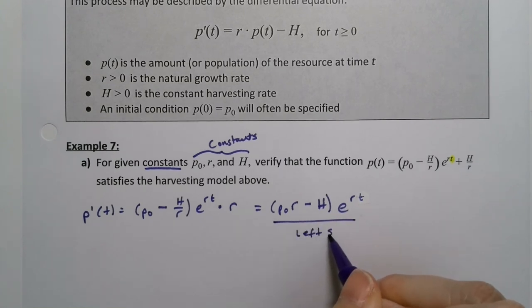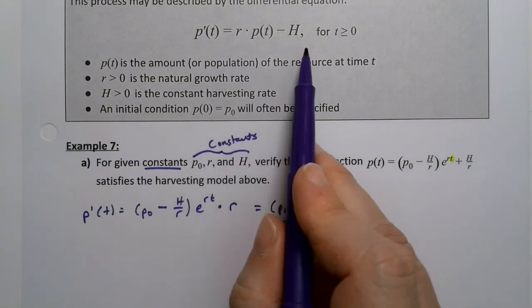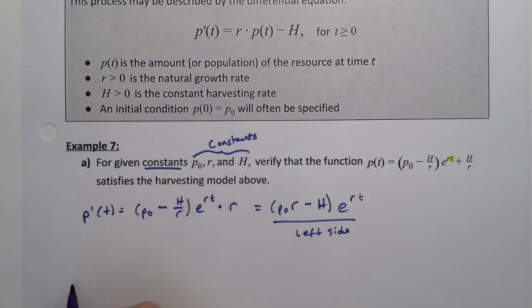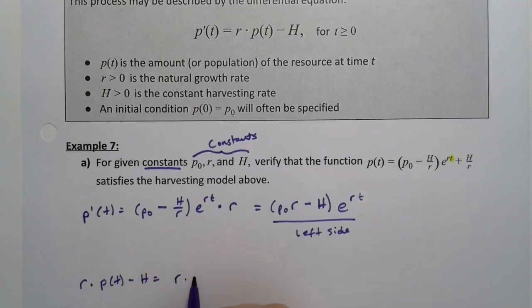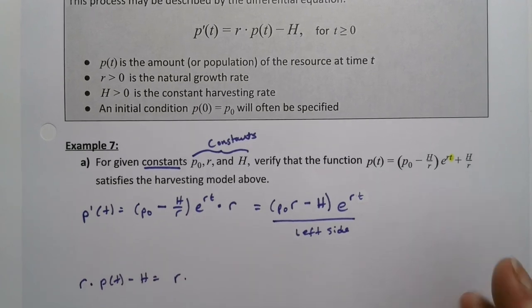So now I want to play with the right side and see if I can get it to be equal to that. So the right side of the equation is R times P of t minus H. That would be R times, and then P of t was given, of course.